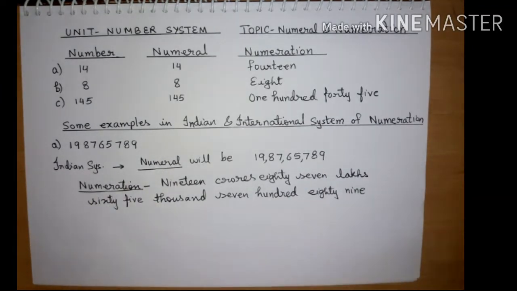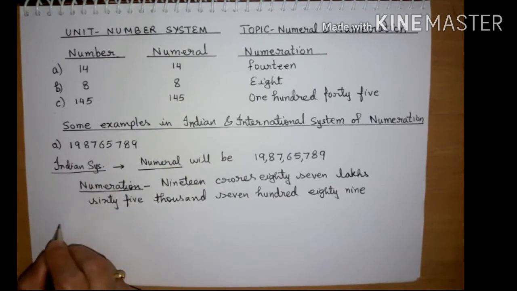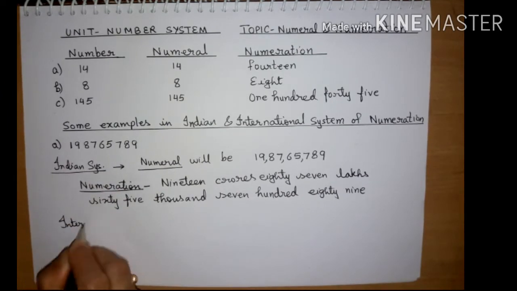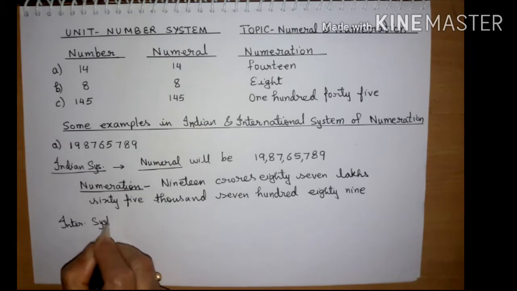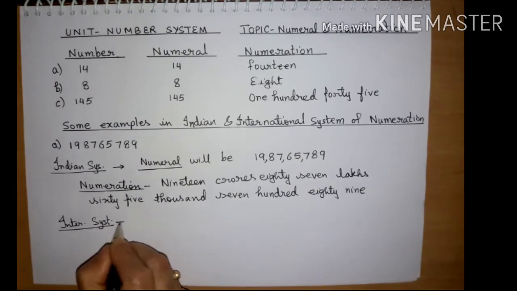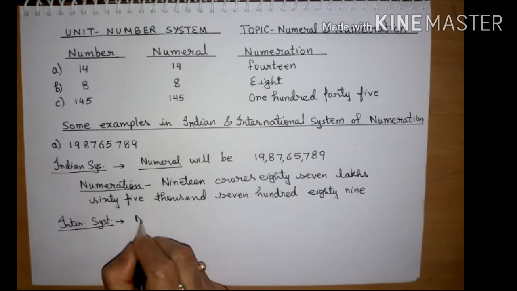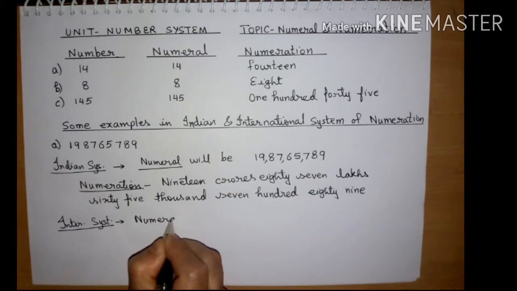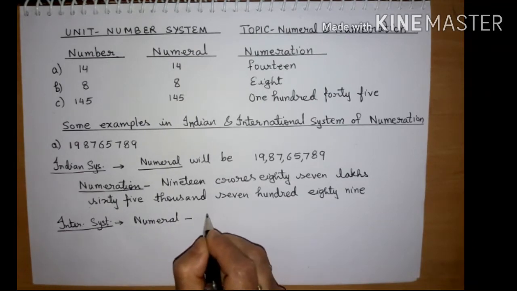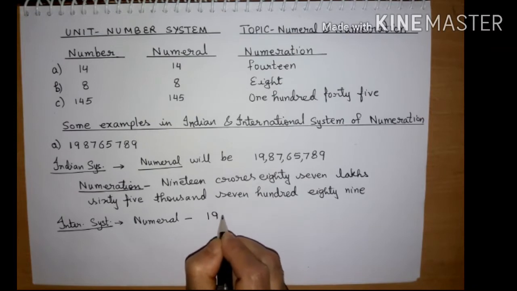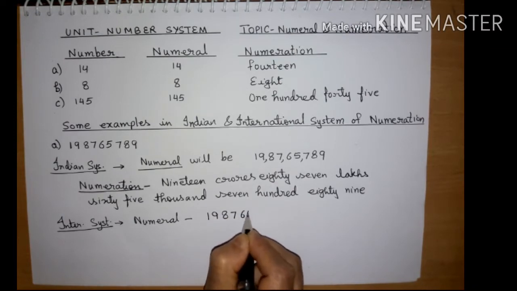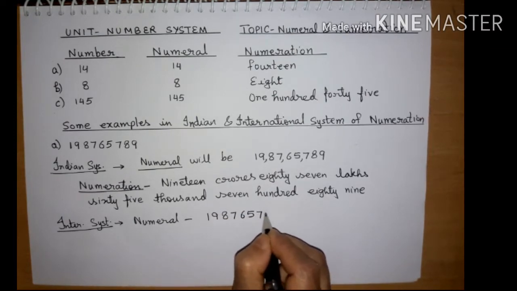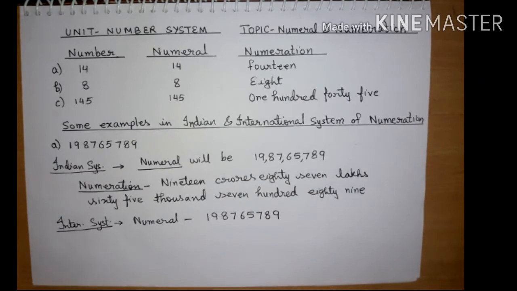Let us see this in the international system. Now in the international system, again, for writing the numeral, first we copy the digits 1, 9, 8, 7, 6, 5, 7, 8, 9, right?